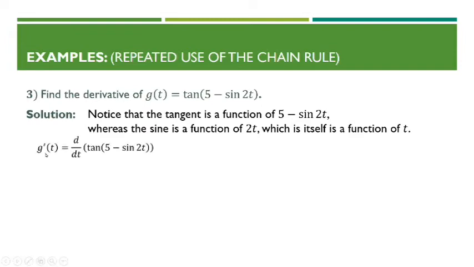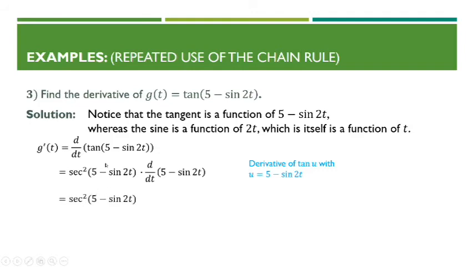Okay? So g prime of t is equal to the derivative of tangent of 5 minus sine 2t, which is equivalent to secant squared of 5 minus sine 2t times the derivative of the inner function, which is 5 minus sine 2t. This is the derivative of tangent u, with u equal to 5 minus sine 2t. Then, copying this times the derivative of 5, which is 0, and the derivative of sine is cosine 2t.